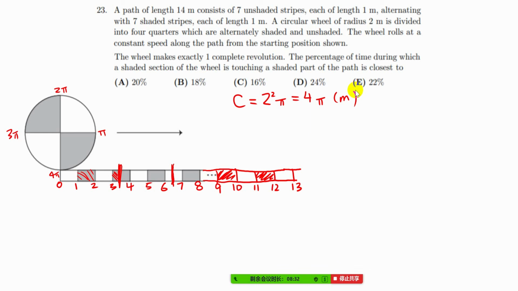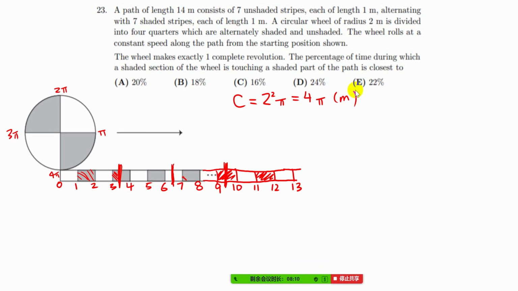And then it rolls from 2 pi to 3 pi. 3 pi would be somewhere in between 9 and 10, so we can say that it stops over here. And then 2 pi to 3 pi on the wheel is shaded, so we have to count the parts when the shaded section is touching a shaded section.